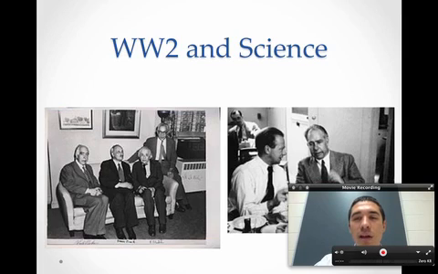He ended up in England, where he got hooked up with, in this picture over here on the left, an old Einstein, and this is an older Bohr, and the two of them worked together on the Manhattan Project, where they developed the atomic bomb. Bohr didn't want there to be nuclear weapons.